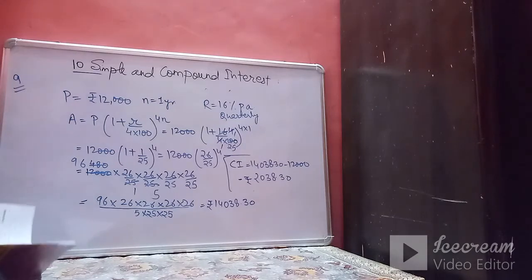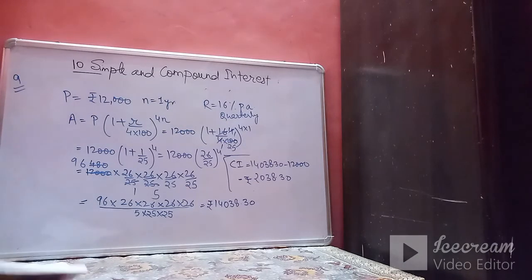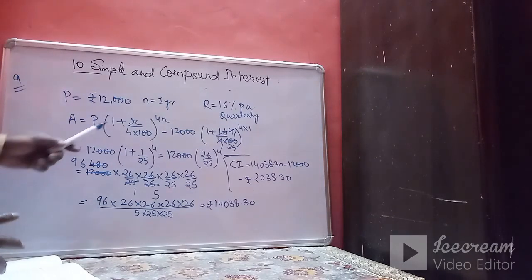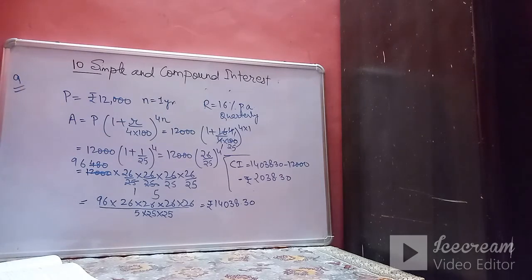In case of quarterly rate of interest, we have to use this formula. I hope you have understood the problems, and I advise you to try a few problems by yourself. In the next video we will discuss some different types of problems related to the formula of compound interest. Thank you.